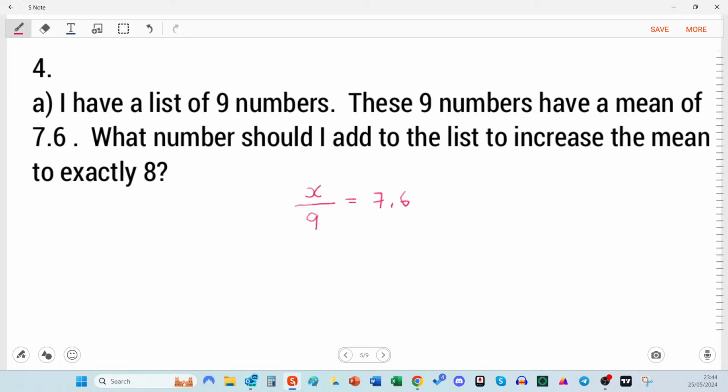If we treat it like an equation, we times both sides by 9. We might need a bit of calculator help here, but 9 times 7.6 is 68.4. So it currently adds up to 68.4.